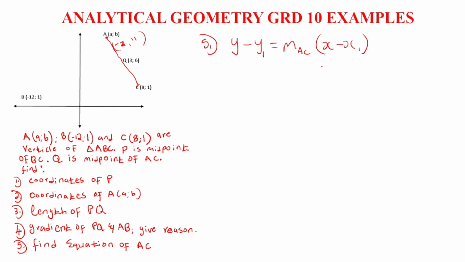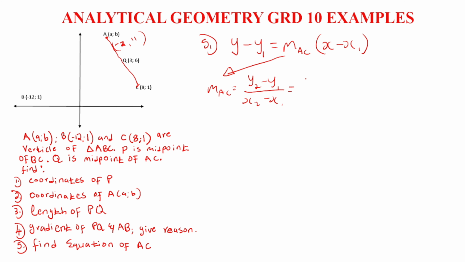Therefore, we need to find the gradient of AC first. The gradient of AC is going to be given by y2 minus y1 all over x2 minus x1. I can just take the coordinates of AC there.